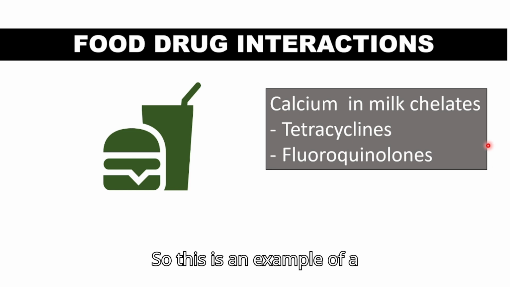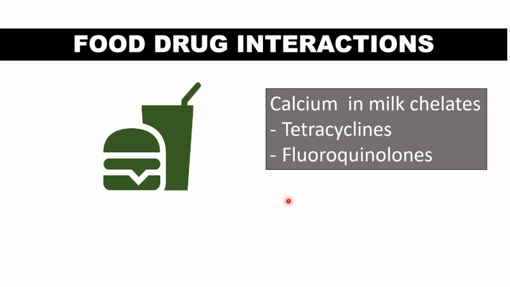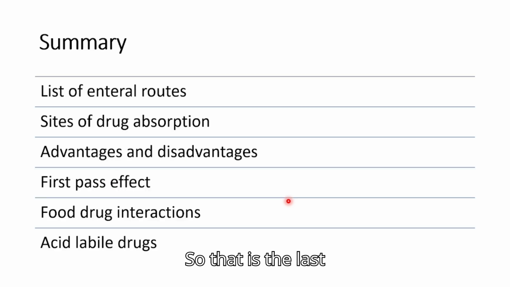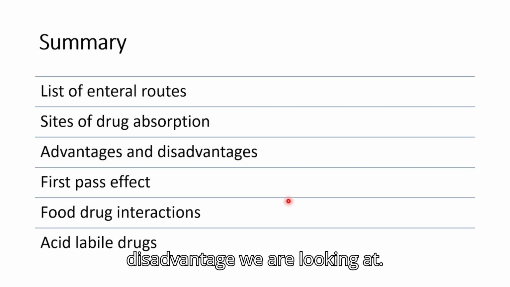So this is an example of a food-drug interaction. Food also slows down the absorption of drugs. So that is the last disadvantage we are looking at.